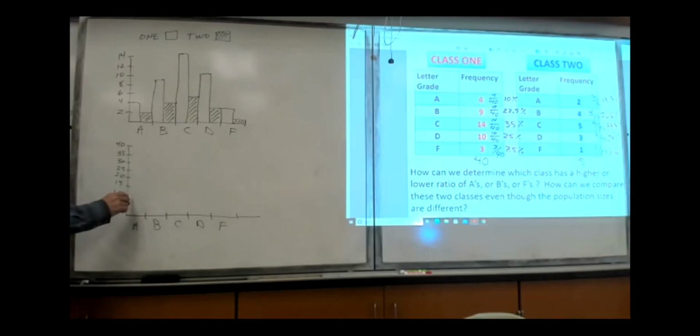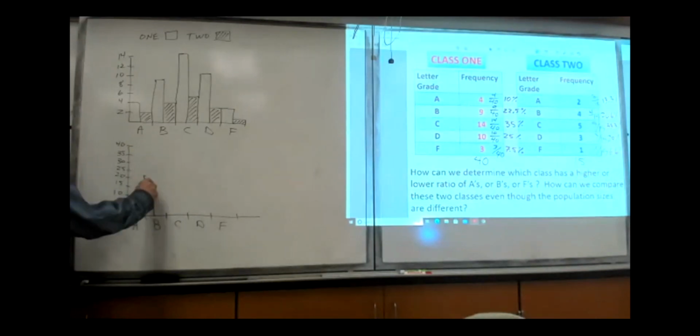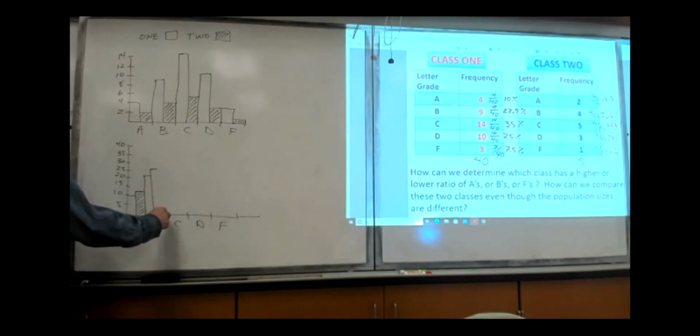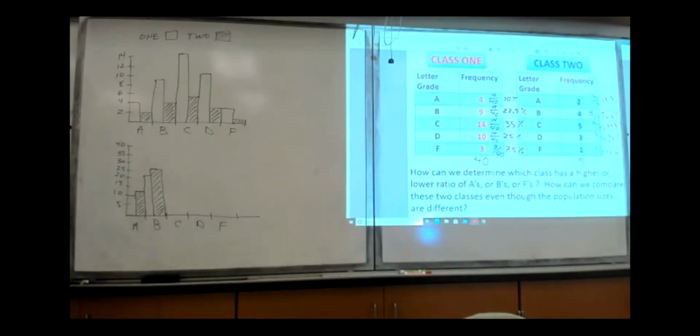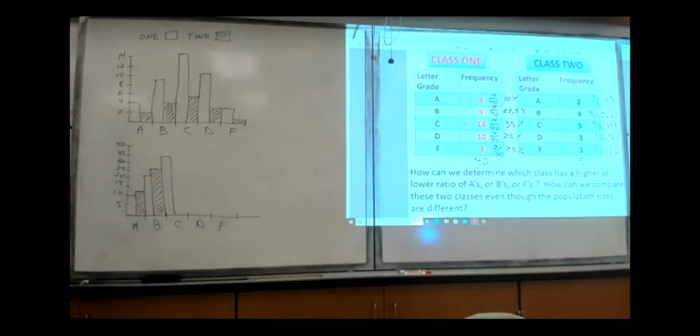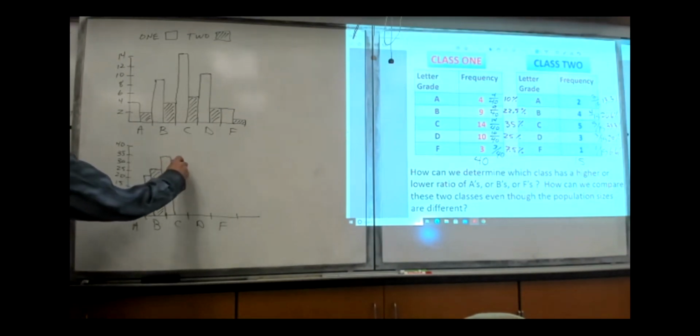Okay, so 10% for class 1, 13.3% for class 2. 22.5% B's for class 1, 26.6% B's for class 2. For C, a whopping 35% C's for class 1, whereas for class 2, 33.3%, which is a little bit less than 35.